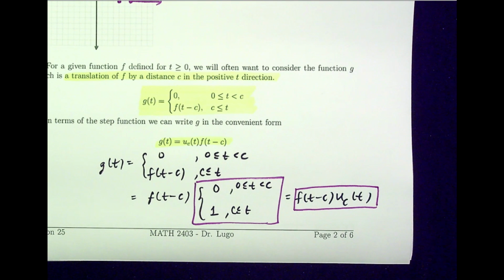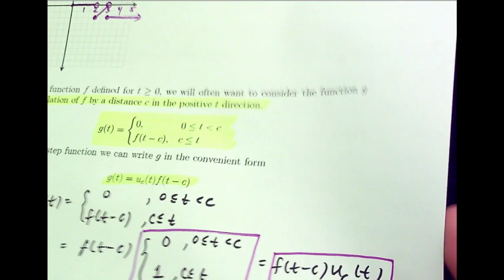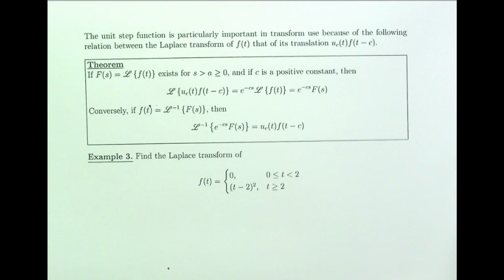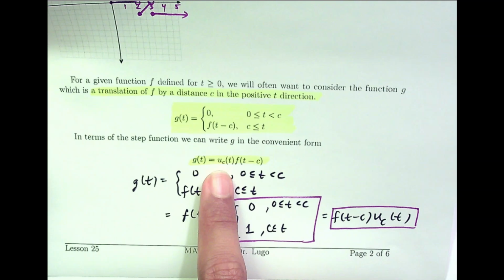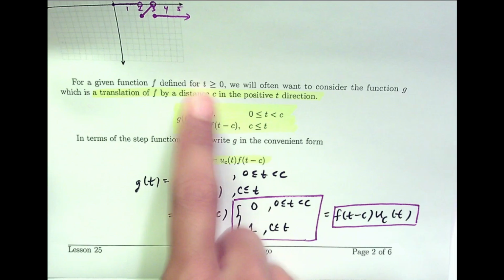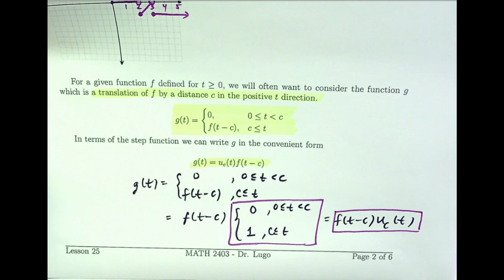Okay, so now with that we're going to mention the next theorem. So this theorem allows you to figure out the Laplace transform of functions like this, where you have a translation of a function by a distance of c in the positive t direction.